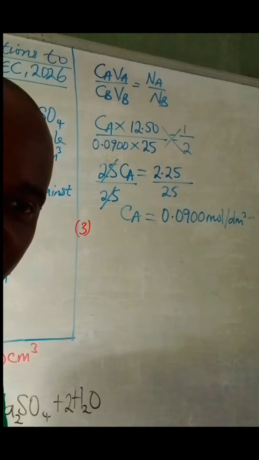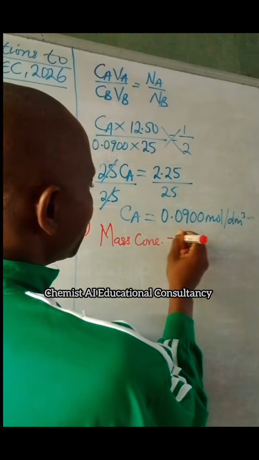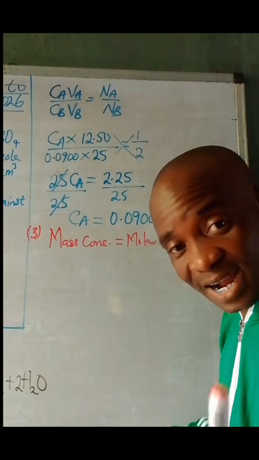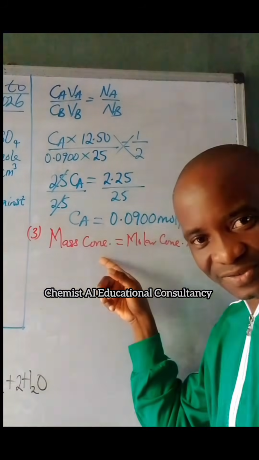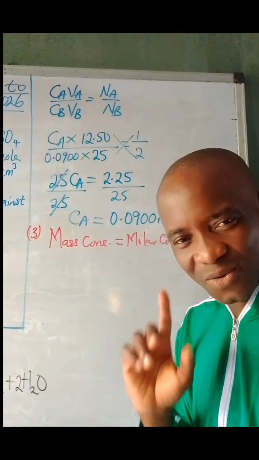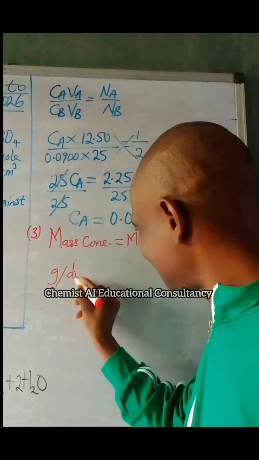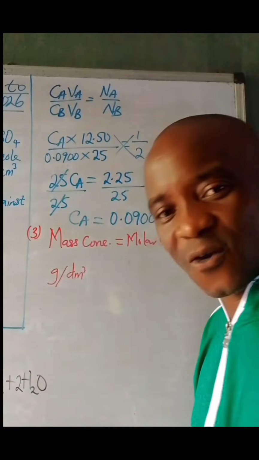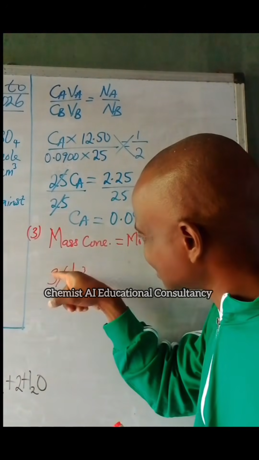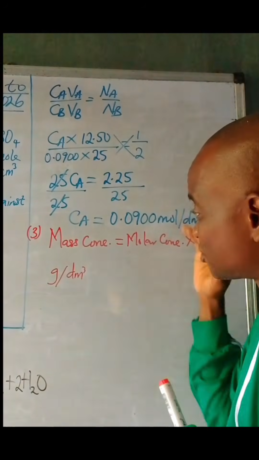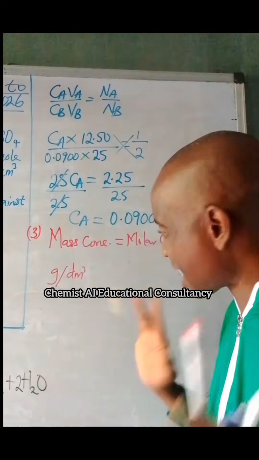You have to recall that mass concentration equals molar concentration times molar mass, and you are calculating mass concentration because the question says calculate concentration in gram per dm cube. This is the unit of mass concentration. The mass contained in 1 dm cube, in 1 liter, right? So that is what you are calculating, mass concentration.